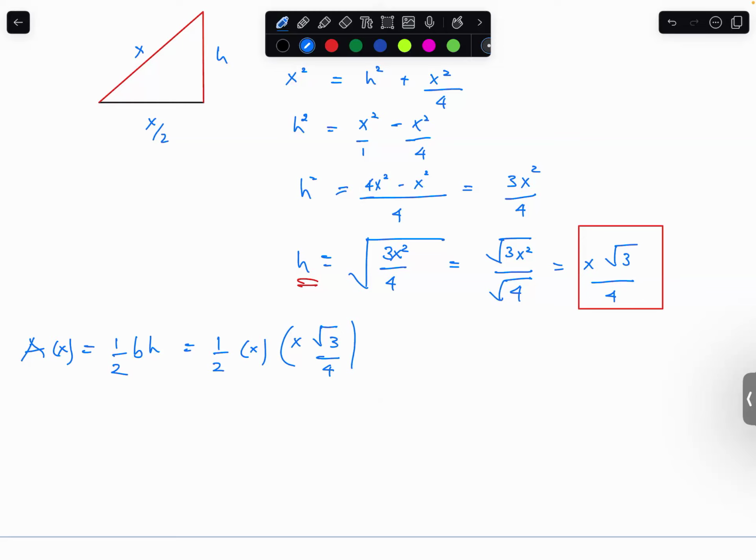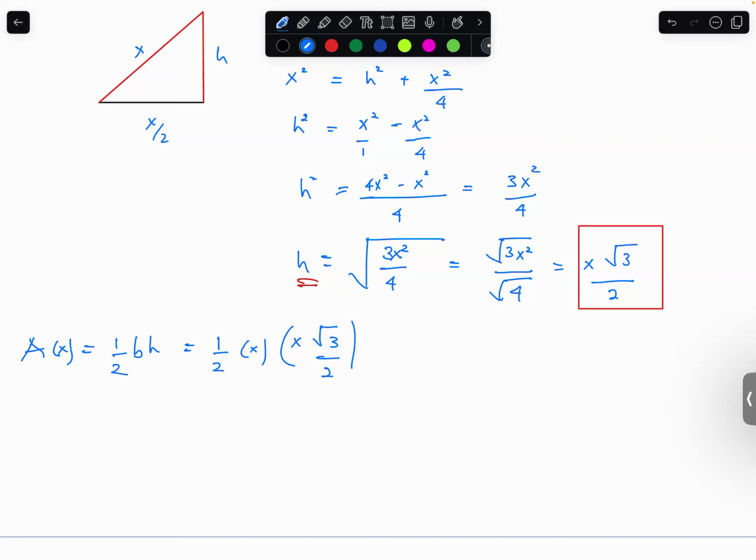Okay, sorry, I believe I have a mistake here. Because we need to take the square root of 4 also, and the square root of 4 is 2. Sorry, my mistake. So here we should have a 2, right? We have taken the square root of both the numerator and denominator, so this is not 4, this is 2.